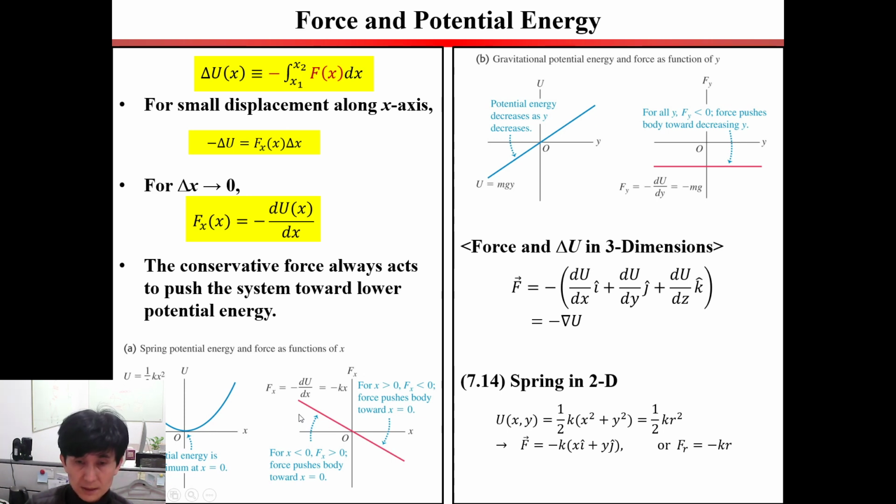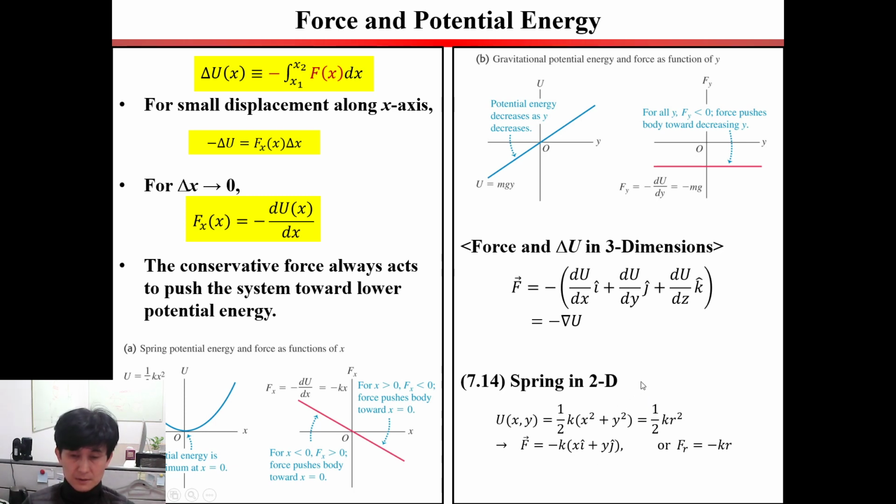So that's what it is. For gravitational force, potential is mgy. So if we take the derivative of a linear function of y, then we have a constant. So that's the force, which is minus mg. Right, so that means the force is along the negative y direction.